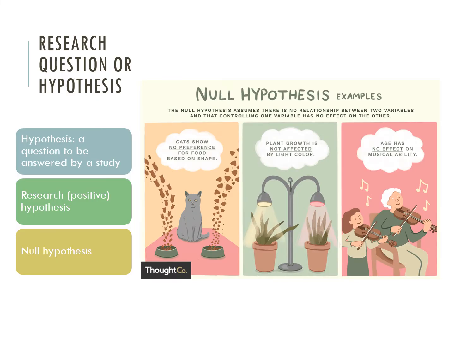So every research study or proposal has a question that they have to answer, right? Why the research is being conducted. And they call this the hypothesis. So a hypothesis is a question that's going to be answered by the study. There's two different hypotheses that can be either proven or disproven.